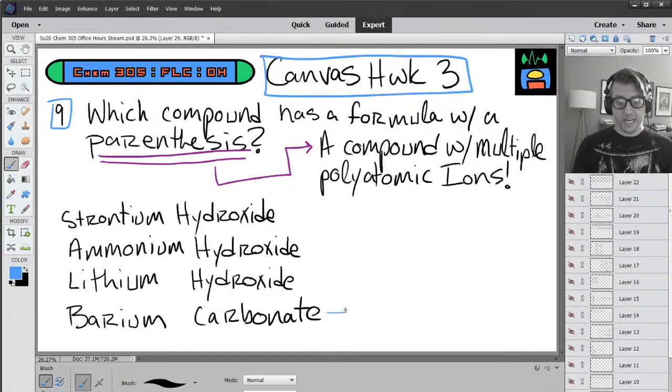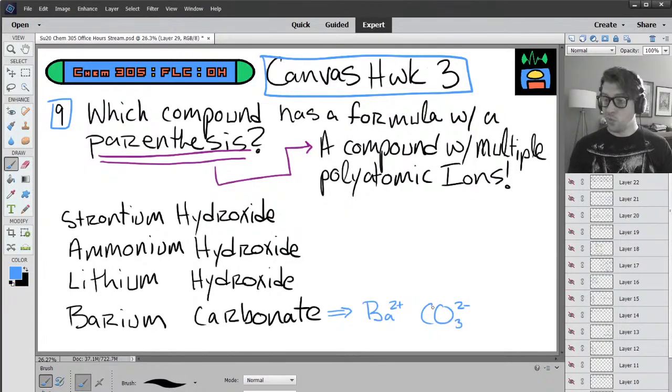For barium carbonate, barium, if you look at the periodic table, takes a charge of +2. Carbonate is -2, so this is 1-to-1. That's just going to be the two smashed together.